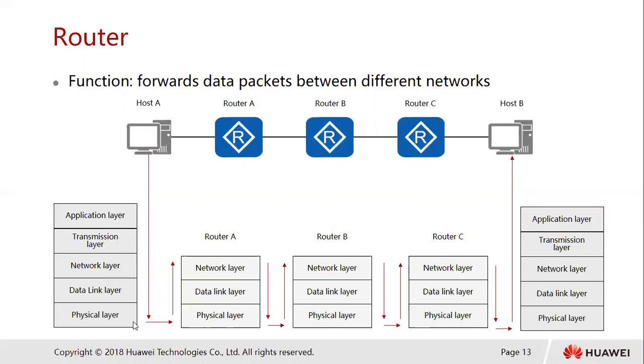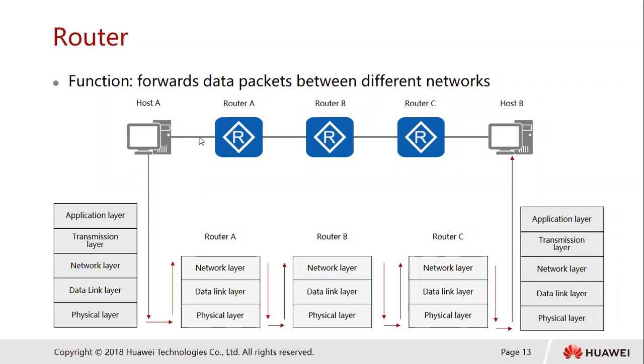Okay, so when we reach the physical layer, then we'll pass through the cable. So here, in the physical layer, we are going to change the 1s and 0s into signals.